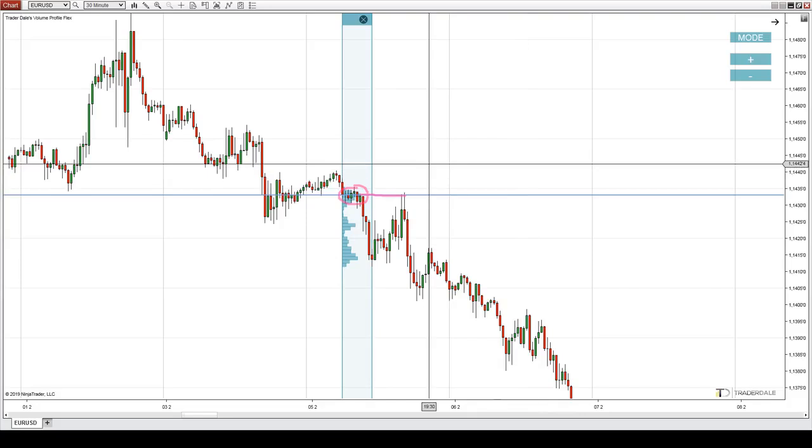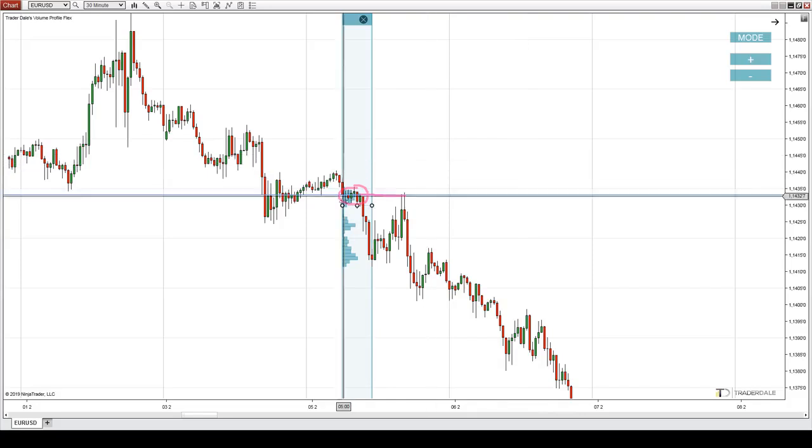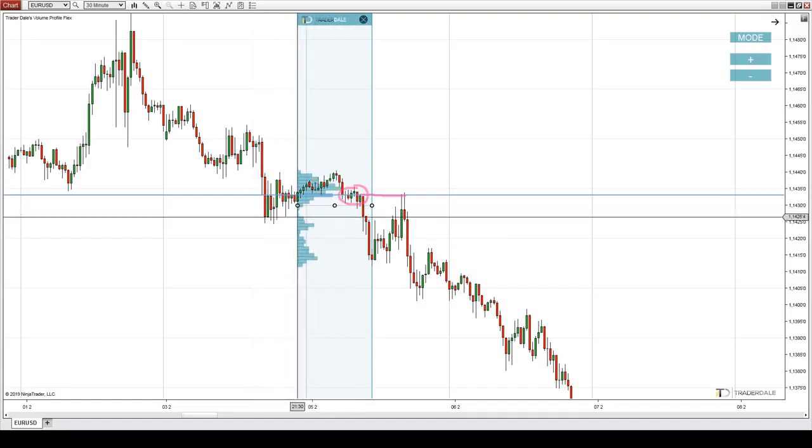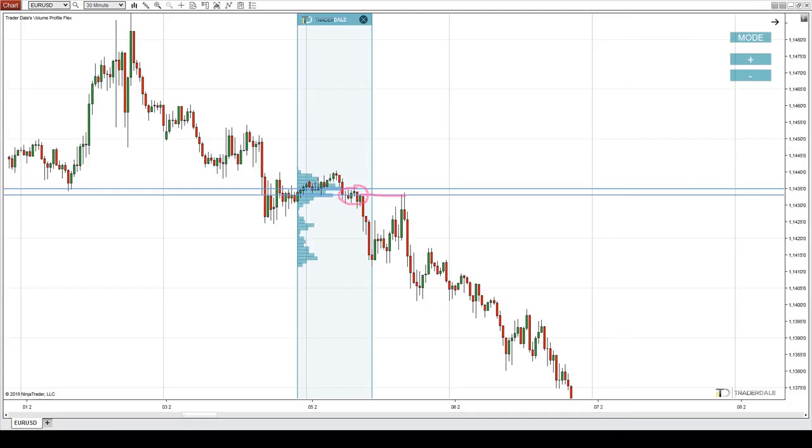And when I trade situations like this, when I have to choose between two levels, then I always choose the level which is closer to the price. And this is because I don't want to miss the trade. If the price turns and reacts to volumes in this rotation, I won't miss the trade as I would have missed if I traded this level.